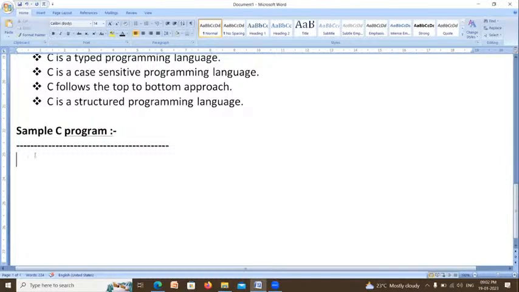Yes, sir. Okay, good. Now, how to write a sample C program? Whenever you are going to write a program, first line you have to write hash include stdio.h. After that, we have to write void main.